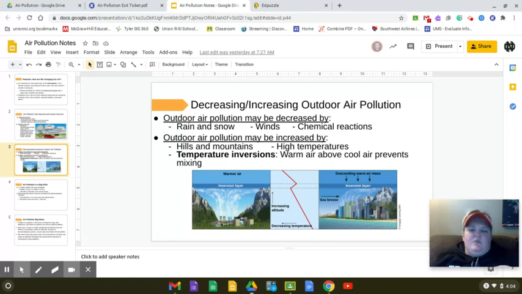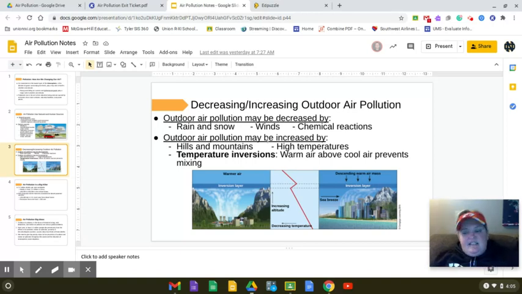That's kind of what the wind does here. It spreads the chemicals apart so they're not as highly concentrated. They're still there, but they're not going to cause as much damage. And then chemical reactions. When certain chemicals in the air from the pollution combine, it can actually dissipate or decrease them.